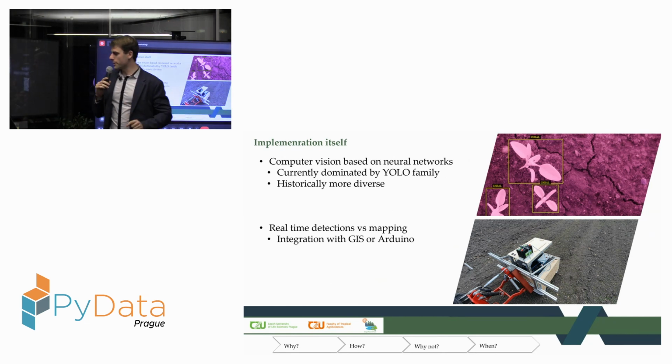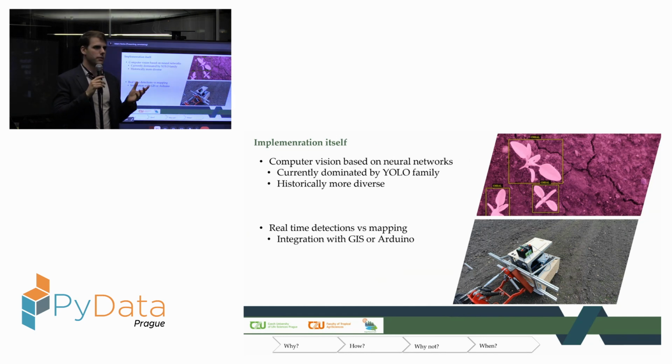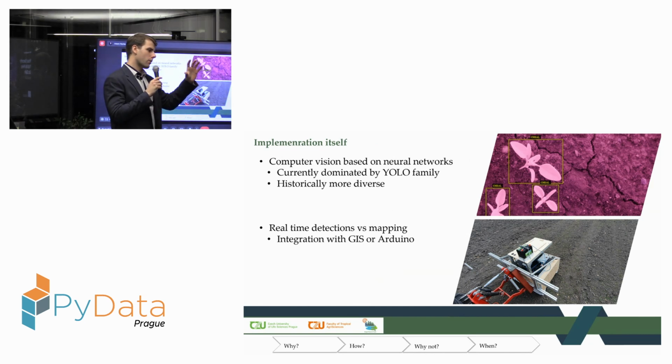So anyway, it's basically based on neural networks of the YOLO family. If you would ask any of those researchers, they all basically realize that this real-time object detection is the best of the available tools, and they are implementing it quite widely.